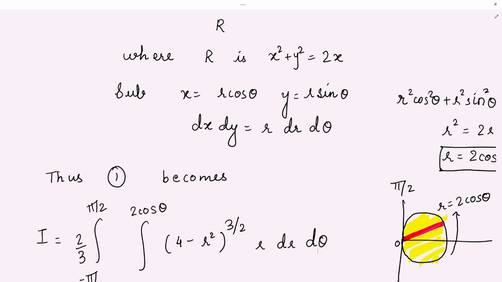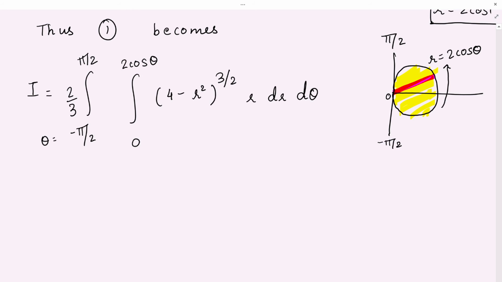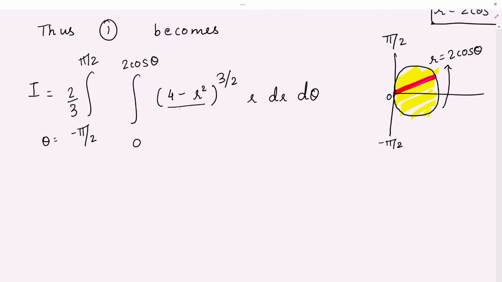So my triple integration, first I took the z limits. Now my double integration has been converted into polar form. So you know that by this formula, what is the derivative of 4 minus r square? It is minus 2r. So if this is adjusted, we can use the formula n plus 1 upon n plus 1.